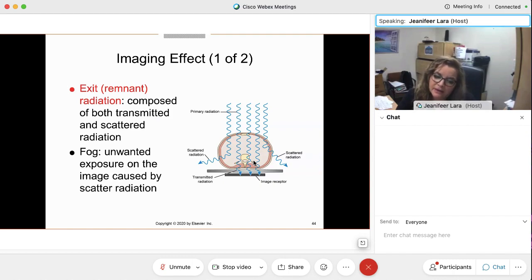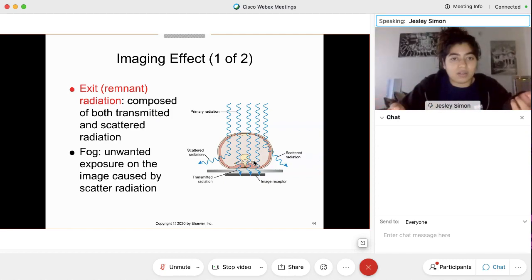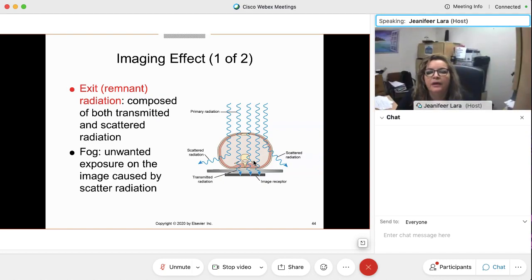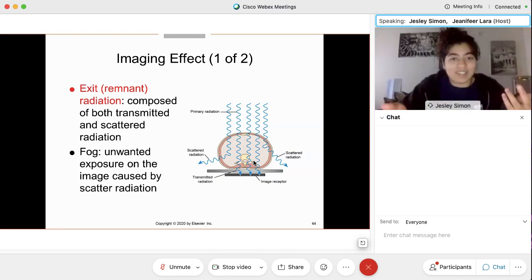But why is fog not useful? Because you can't see the clear picture of it. It just looks foggy. Really? Okay, I see where you're going with that, Justly. But there is an explanation.